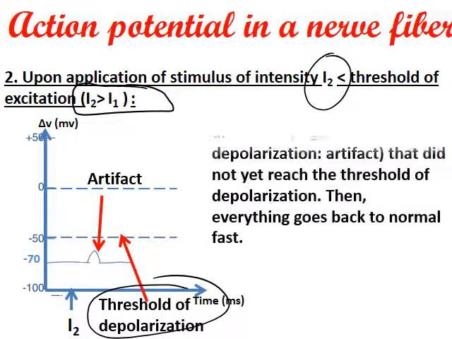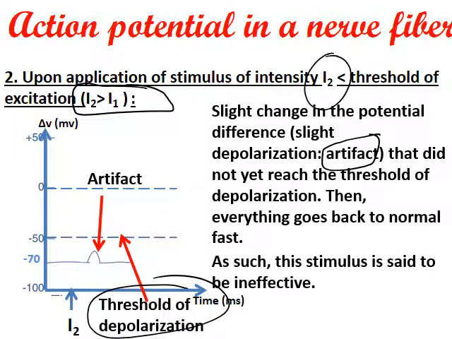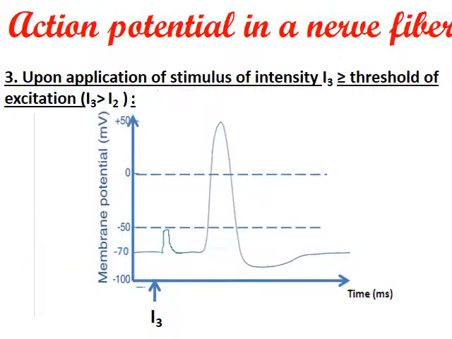So there is a slight change in the potential difference, slight depolarization. A slight depolarization that did not reach the threshold of depolarization is called an artifact. Then everything goes back to the normal situation. This stimulus is said to be ineffective.